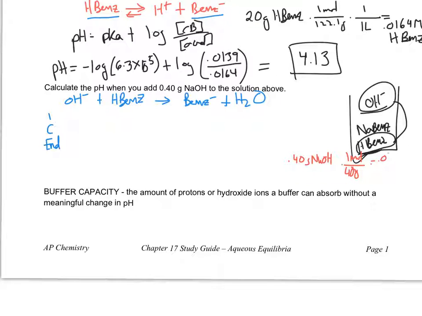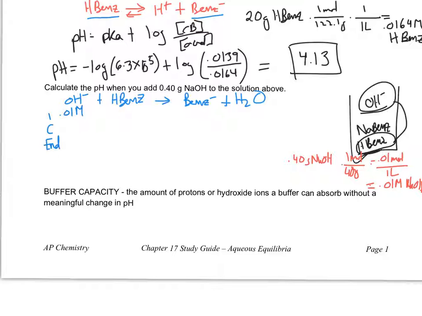So 0.01 moles of NaOH divided by 1 liter, it ends up being 0.01 molar NaOH. And I know that it's a 1-to-1 ratio for the NaOH, and so if I have 0.01 molar of NaOH, then I really have 0.01 molar of the OH minus. So that's what I'll use for my ice chart, 0.01 molar.